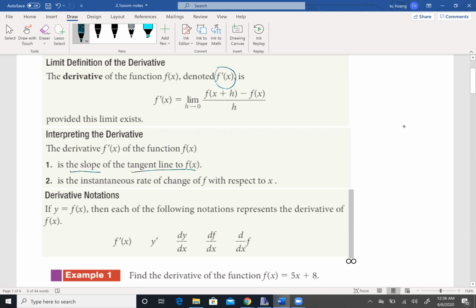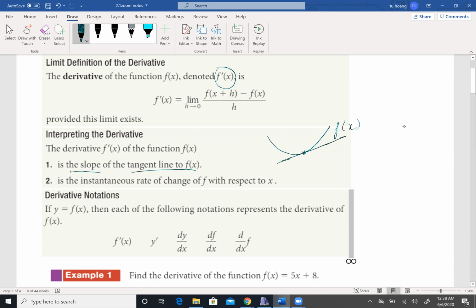So if I have the curve f(x) here, and points A and B, they are close to each other, like a point that the line goes through.